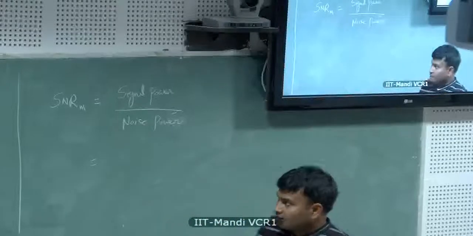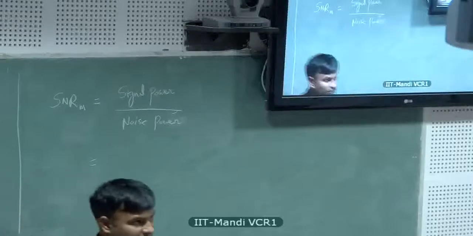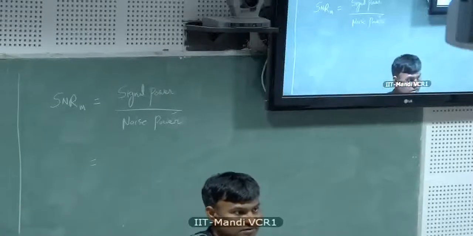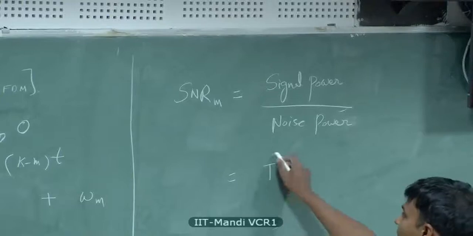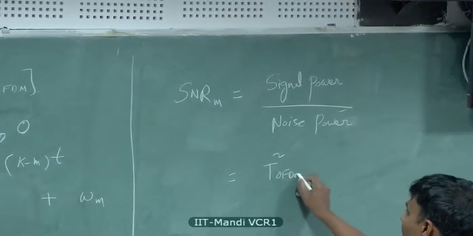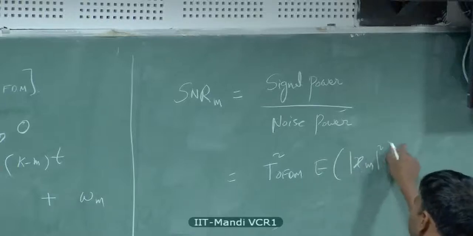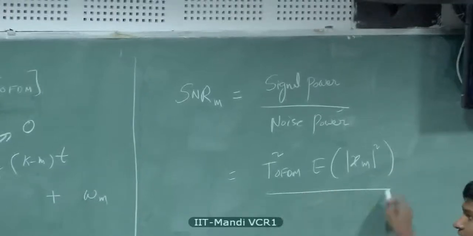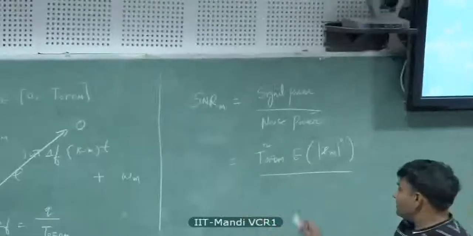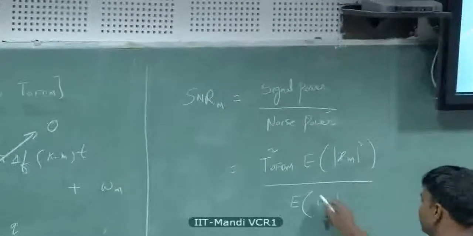And how do you define the signal power? Well, X[m] is a random variable. How do you define the power of a random variable? Any idea? The variance of that random variable. So the variance would be T_OFDM squared multiplied by the expected value of |X[m]| squared, that is, the variance of the modulation symbols, divided by again the variance of the noise, that is the expected value of |W[m]| squared.